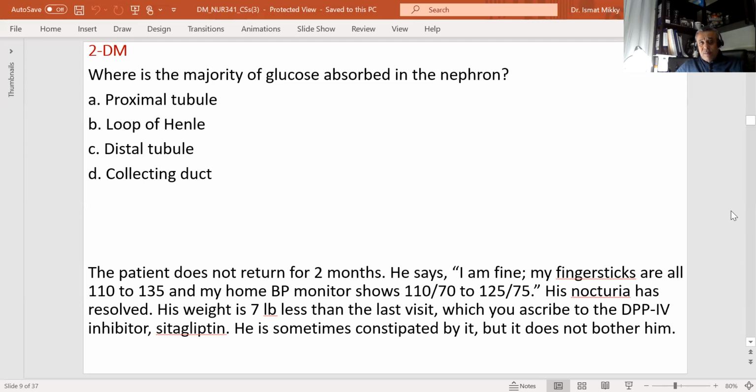So we said threshold, when the glucose reaches over like 200, that's when we will anticipate glucose to be seen in the urine, leaking in the urine.